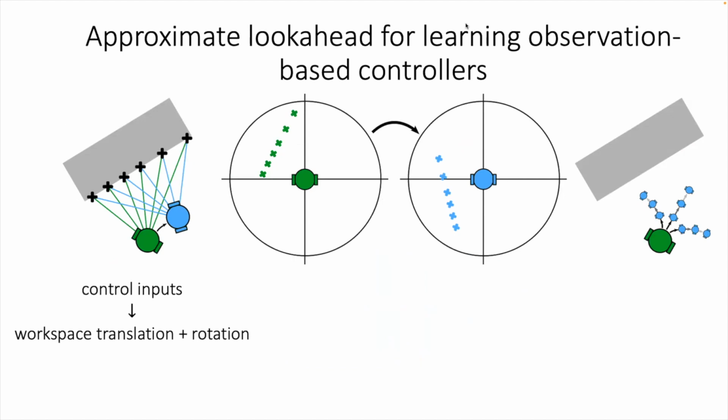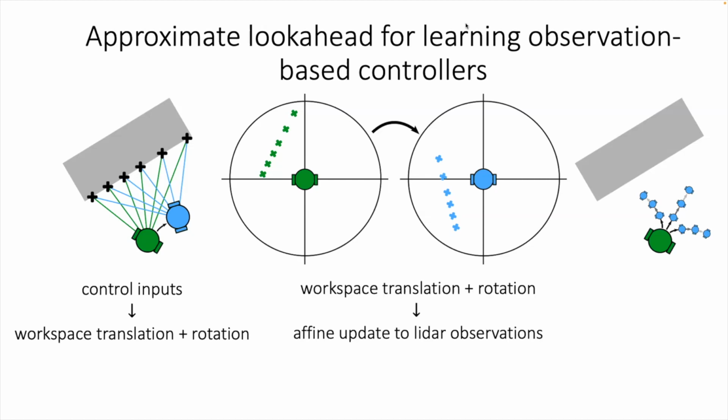Basically, for this LiDAR-based input, what the control input will change is the workspace translation and rotation for a ground robot or for an air robot. And that basically means some affine update to the LiDAR observation. If we have this model, then we can actually do the prediction and compute the O dot by searching over the different control inputs and how the affine transformation is going to be done based on different control inputs. And this is for LiDAR and works pretty well.